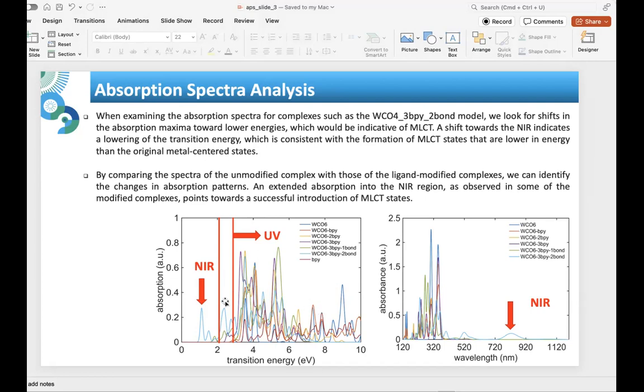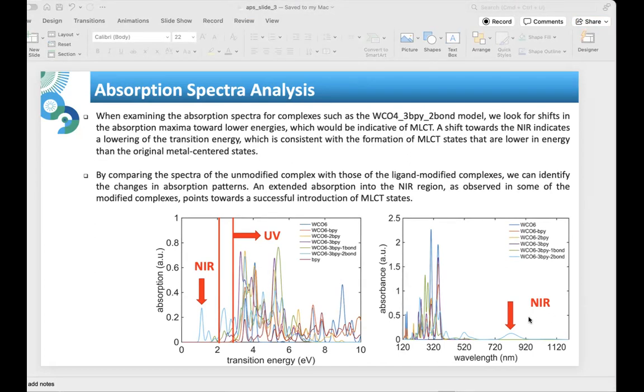Only a few, like tungsten with 3 bipyridine with one bond and also the double bond, have structures in the visible UV range.